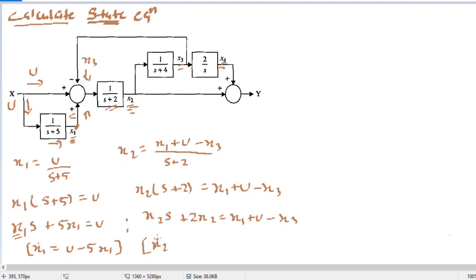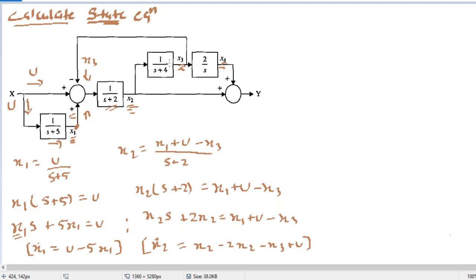I mean to say the whole equation becomes x1 minus 2x2 minus x3 plus u, which is the input. Now we have to calculate x3.